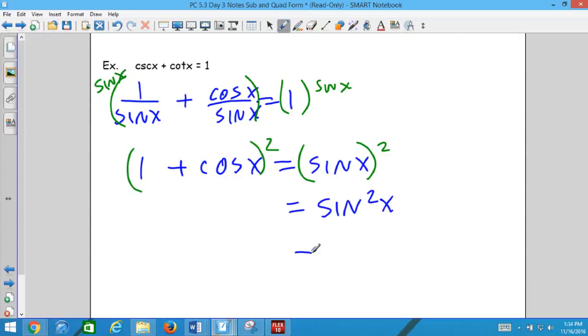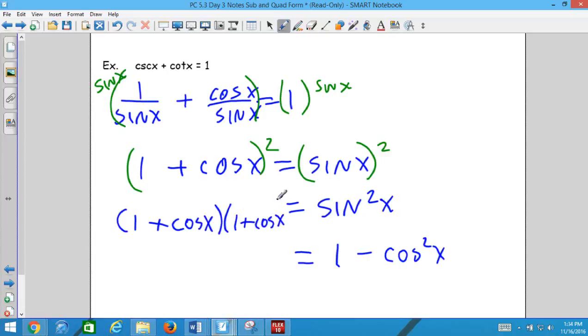Eventually this side's going to be 1 minus cosine squared x. But if I square both sides, I can't just square individual terms. I have to write it twice and FOIL it.